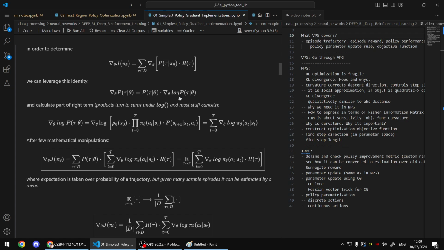So maybe we have to somehow limit these steps, but not in a geometric sense, rather in an approach where we move in policy space. That's why we introduced the KL divergence.